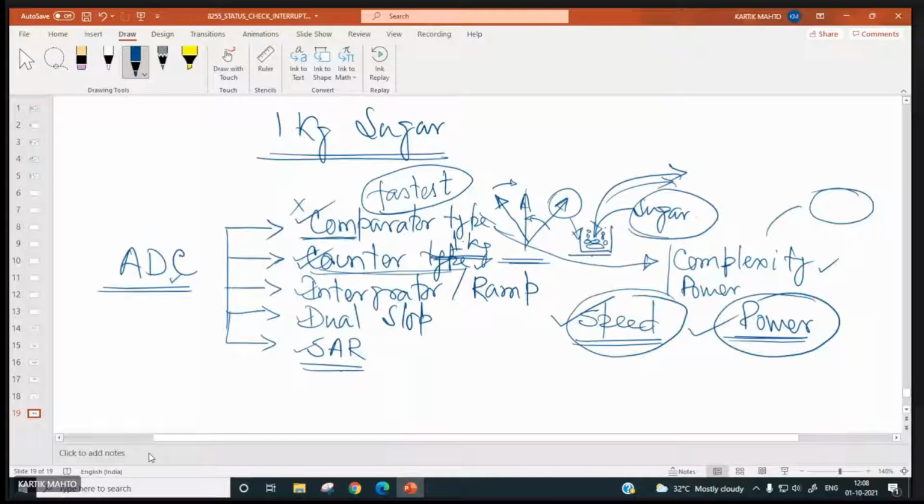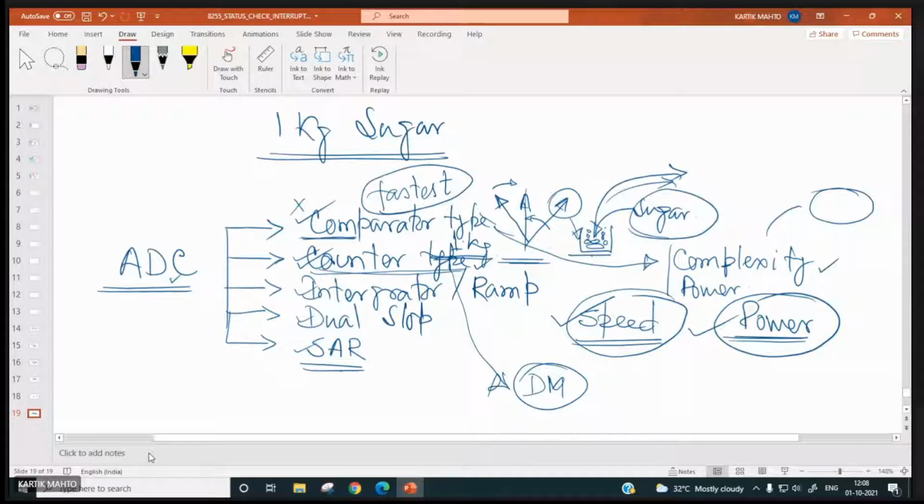And due to its simplicity, its cost is also very low. Due to that low cost, in the market today, wherever you are using a digital multimeter, they are all having the counter type ADC, and in many more applications.